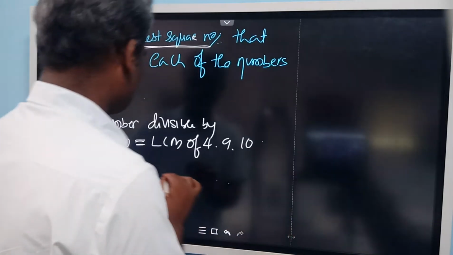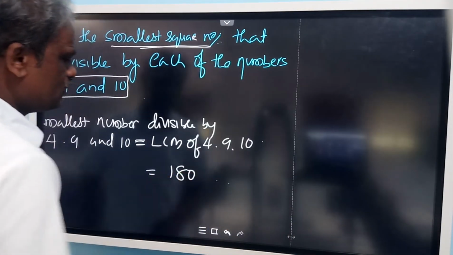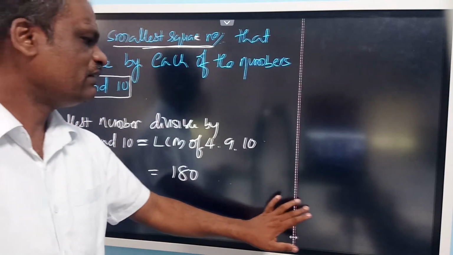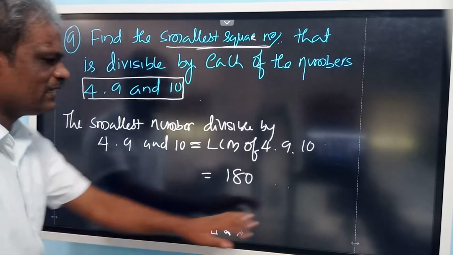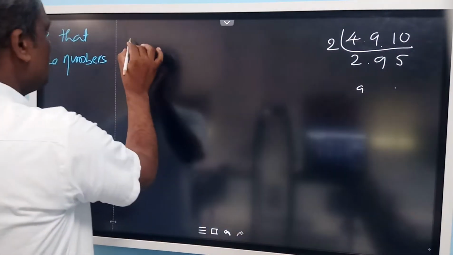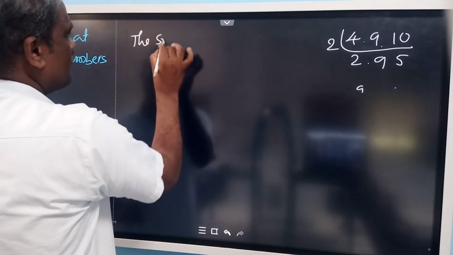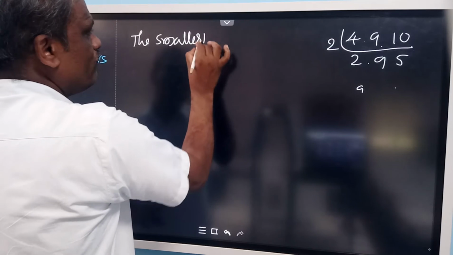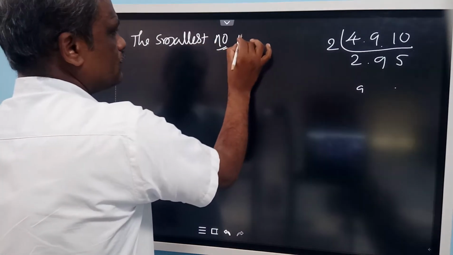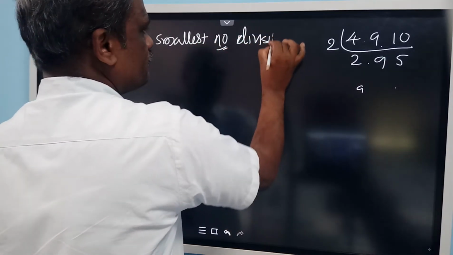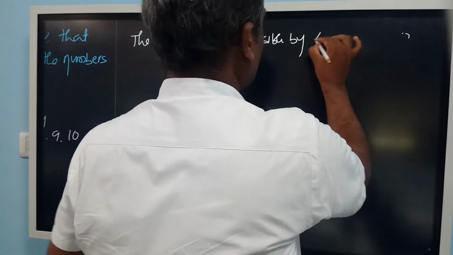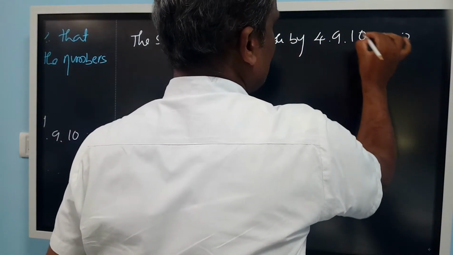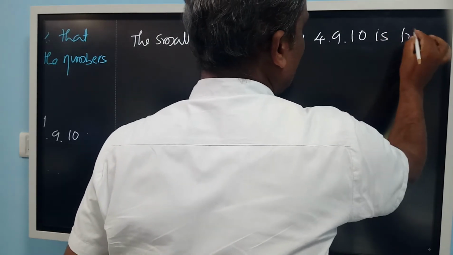So the smallest number divisible by 4, 9 and 10 is 180.